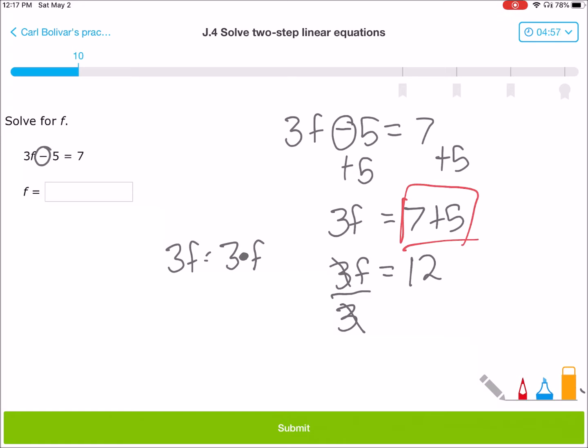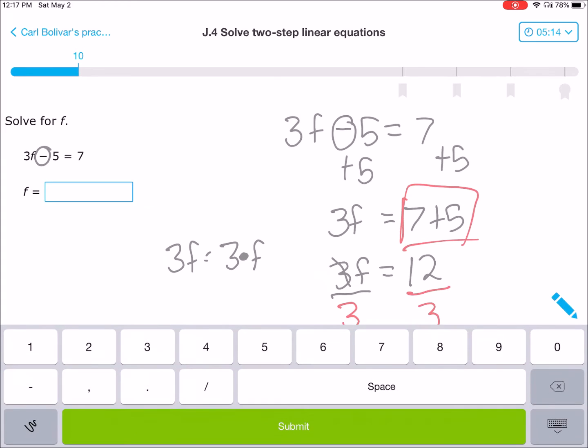That will eliminate that 3 from there, but we also have to do it to the other side as well. We have to divide the other side by 3, and this will give us f is equal to 4. Alright, that's another two-step linear equation solved. So let's put 4 in there.